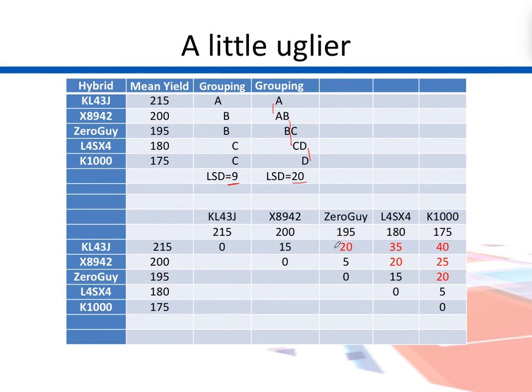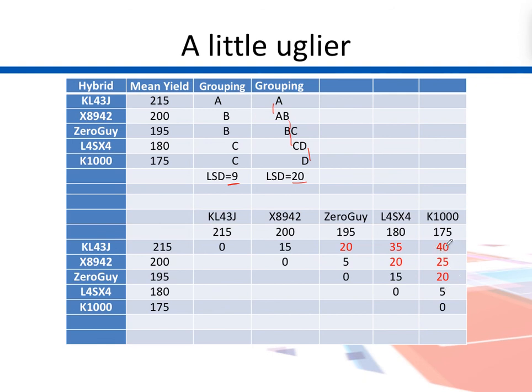And when this zero guy was compared with the first one, the difference was 20, and when this was compared with X8942, it was 5. This gentleman was compared with the rest of 3, and this gentleman was compared with all 4 of the rest of them.